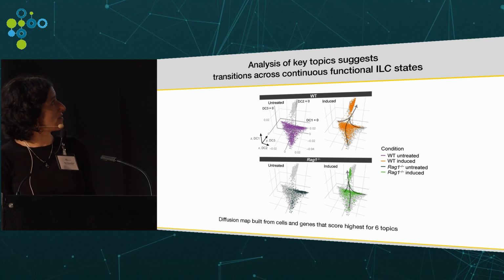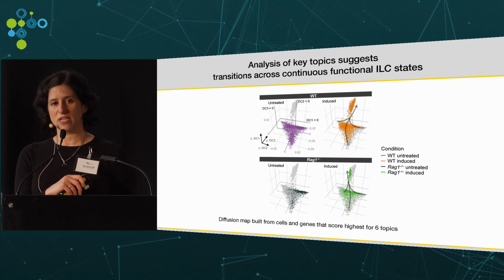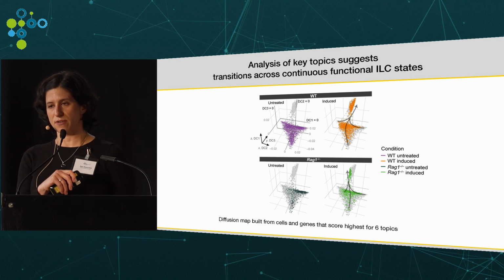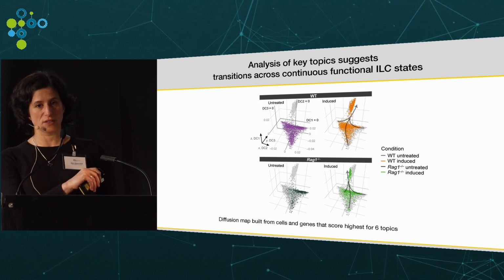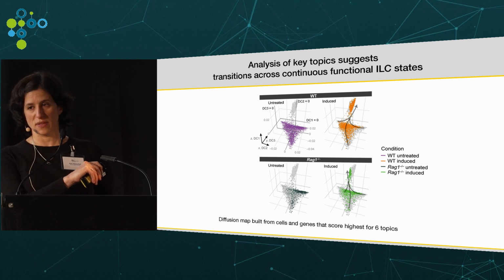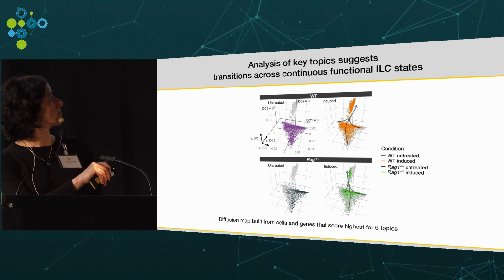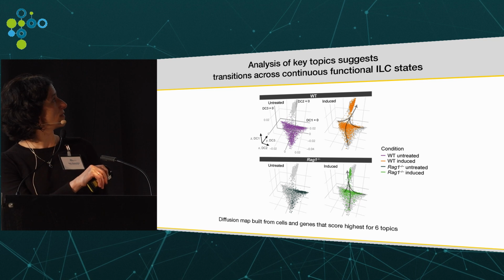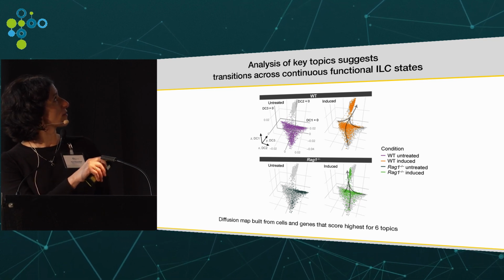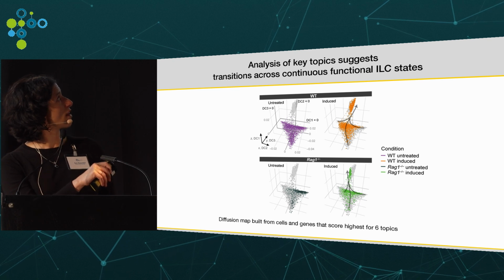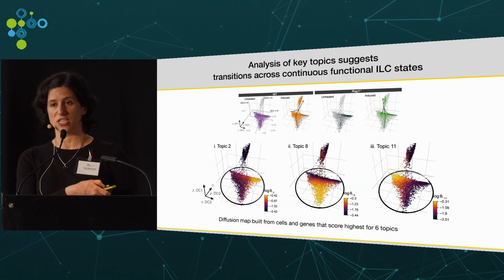So what you get out of that, the first 3 components show you the main features, as far as I could tell. You get basically all of the cells from the untreated state lying in this triangular plane here in diffusion components 1 and 2, and then you get another diffusion component coming off here, which seems to be in the direction of perturbation.